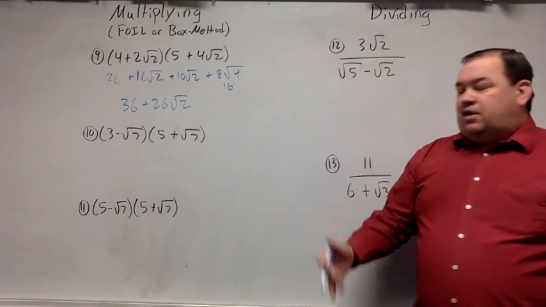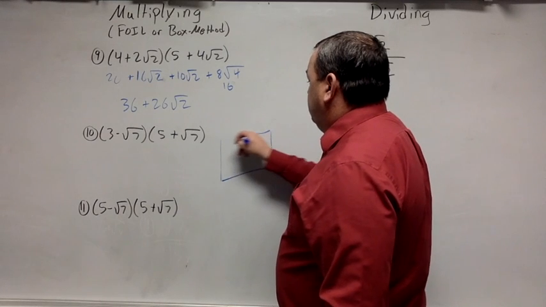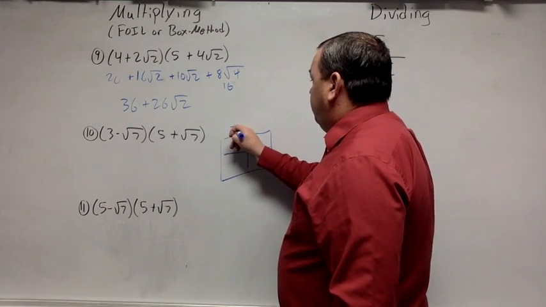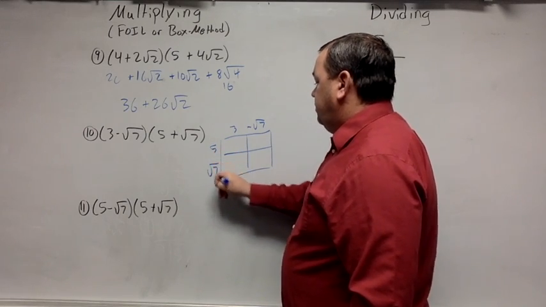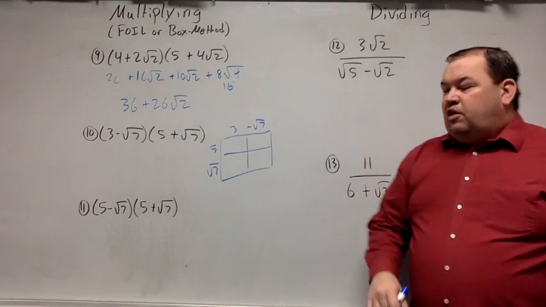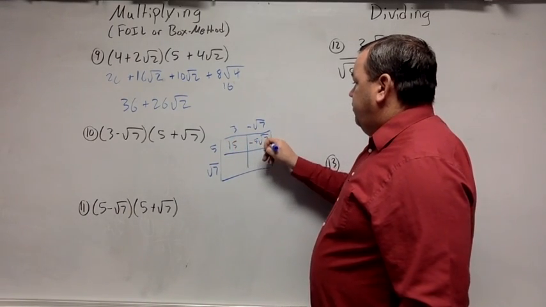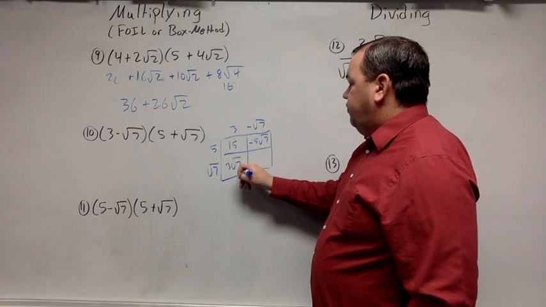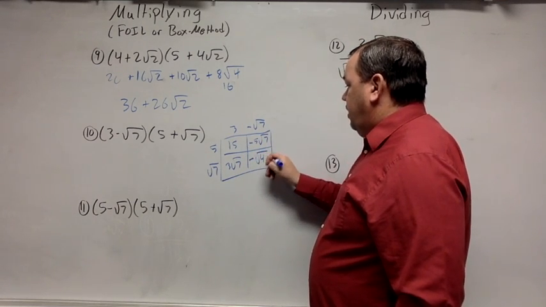Now if you prefer the box method, we can do the same thing with the box. So on number 10, I'm going to do this in a box method. 3 minus the square root of 7, 5 plus the square root of 7, and I'm going to fill out my boxes. 15, 5 square root of 7, 3 square root of 7, and I get a negative square root of 49.